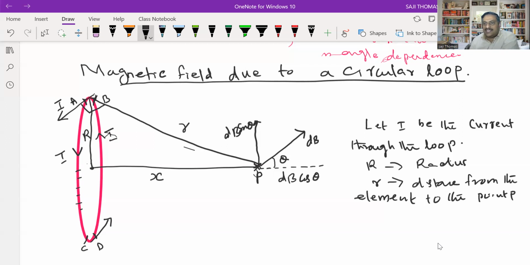And consider a diametrically opposite element CD. Through AB current comes out, through CD current moves in. So CD will produce a magnetic field at the point P in the opposite direction.